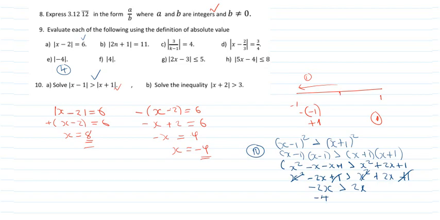Or let me make it positive. So this one will go there, so we'll have 0 less than 4x once this one crosses. So that means x is greater than 0. But this is not true. Let me divide properly.